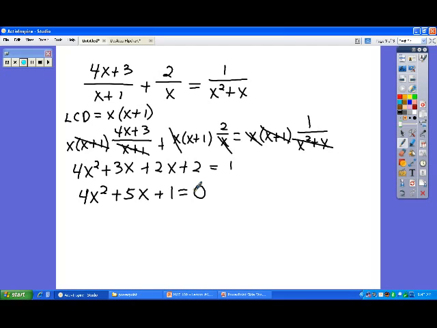You remember how y'all solved that? What technique? Quadratic equation?